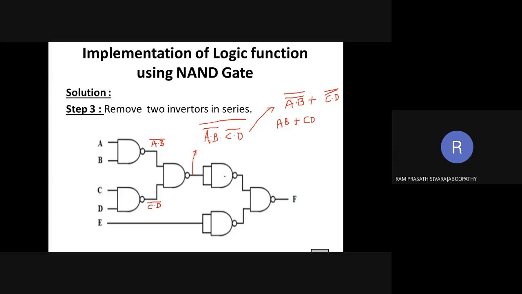Here we know there is a NOT operation, so it comes as (AB plus CD) whole bar. Fine. Here we get E bar, correct? So now we get ((AB plus CD) whole bar dot E bar) whole bar. So the entire thing becomes AB plus CD plus E. That is the answer, AB plus CD plus E.